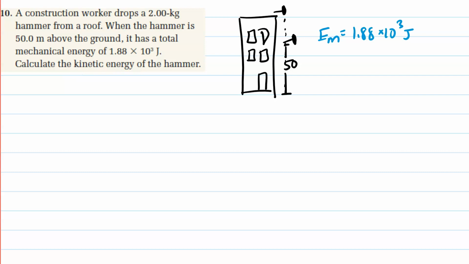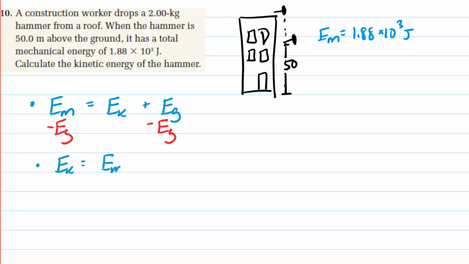Okay, so start with your mechanical energy equation. Mechanical energy equals the kinetic energy plus that gravitational potential energy. If what you want is kinetic energy, you'll have to subtract gravitational potential from both sides, and you'll end up with kinetic energy equals mechanical minus the gravitational potential.